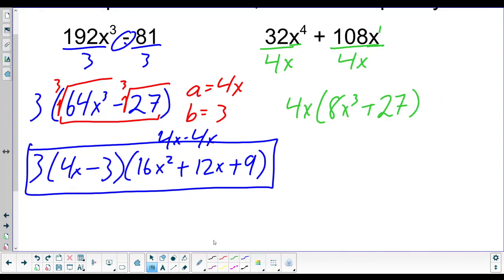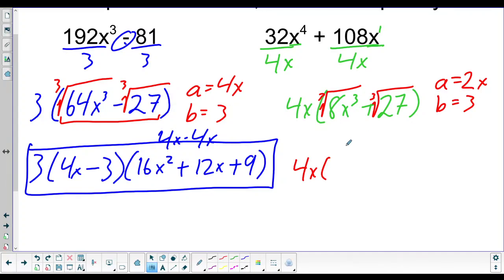All right. Now, cube root of the inside, because these are both perfect cubes. So A, the cube root of 8 is 2. The cube root of x cubed is x. The cube root of 27 is 3. So we're going to bring down our 4x because it's our GCF.